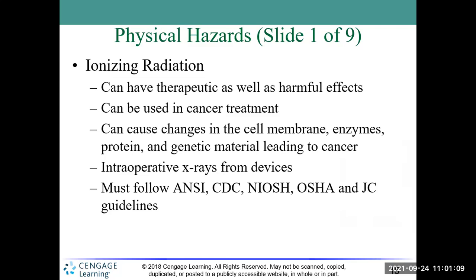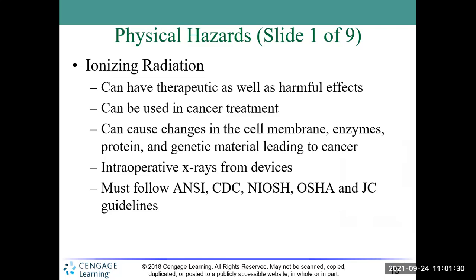It has very therapeutic effects, but it also can have some harmful effects. It's used a lot in cancer treatments, and the reason that it's used for that is because it changes the cell membrane. It also changes the enzymes, the proteins, and the genetic material that lead to cancer.